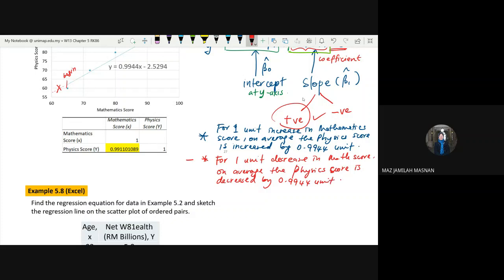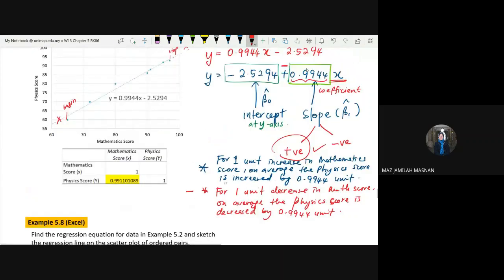So that's how you interpret if your slope is either positive or negative.